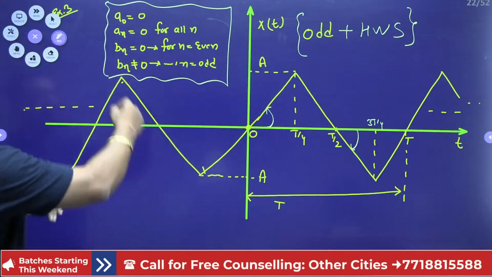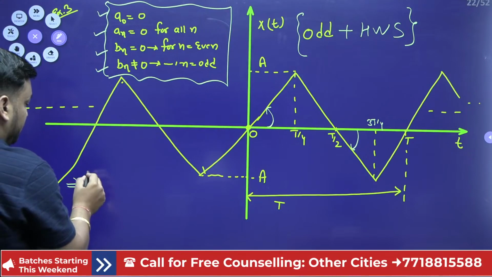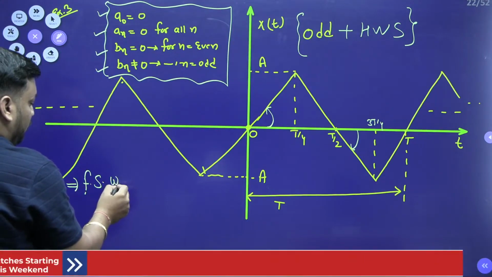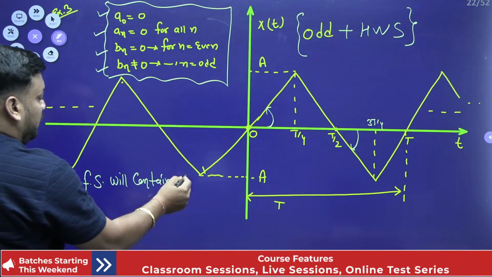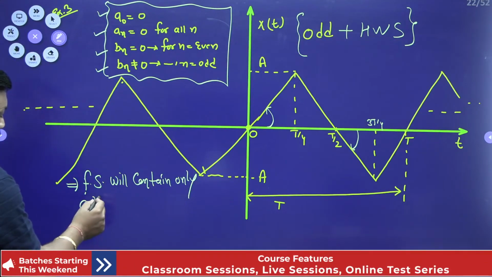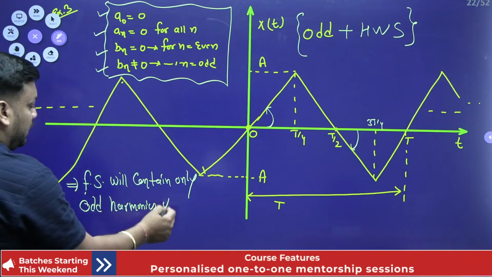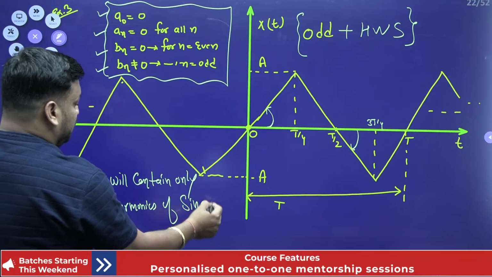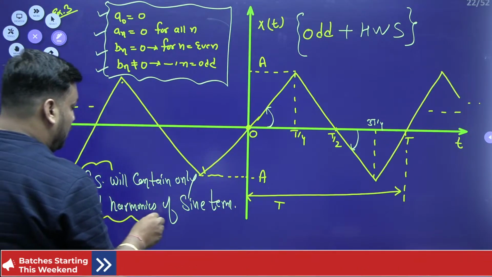We can also comment that the Fourier series will contain only odd harmonics of sine term.